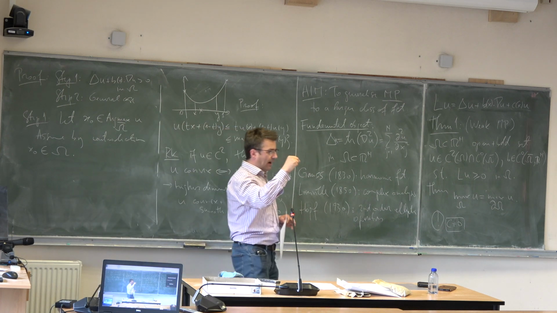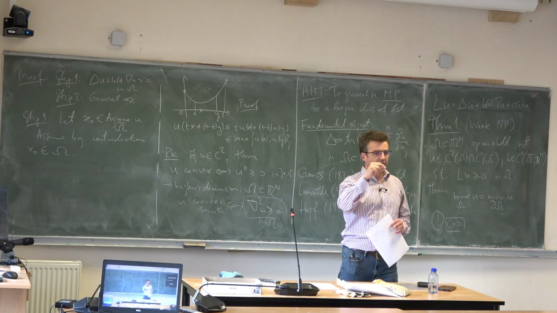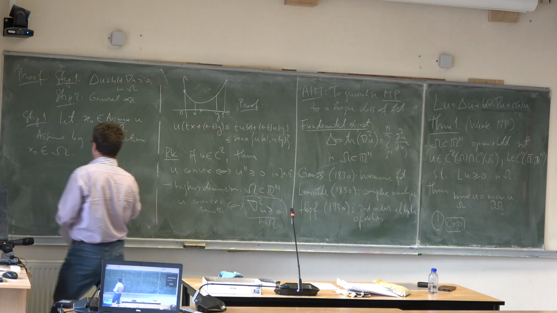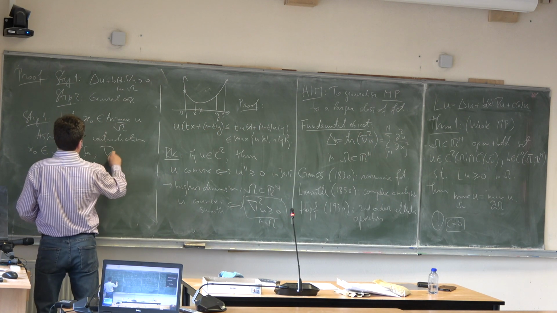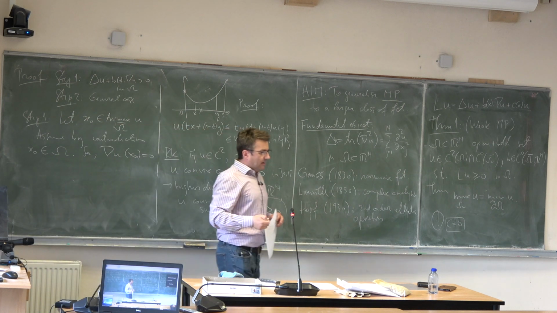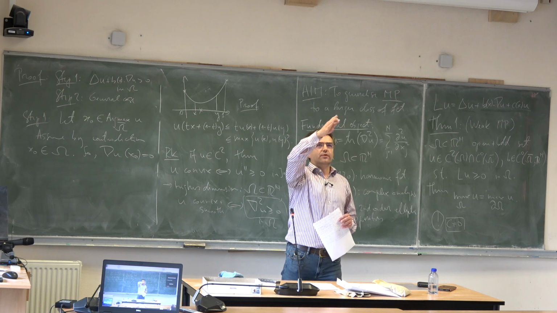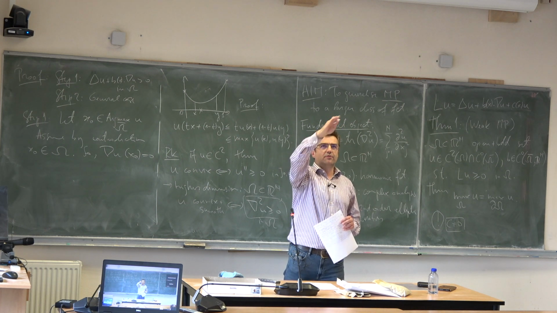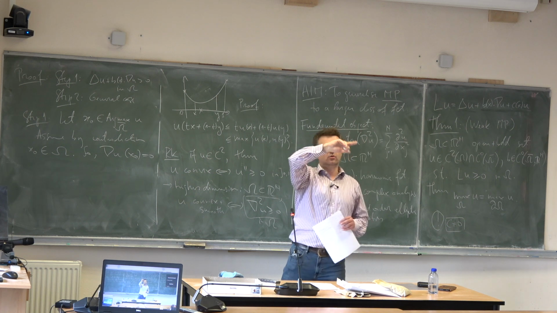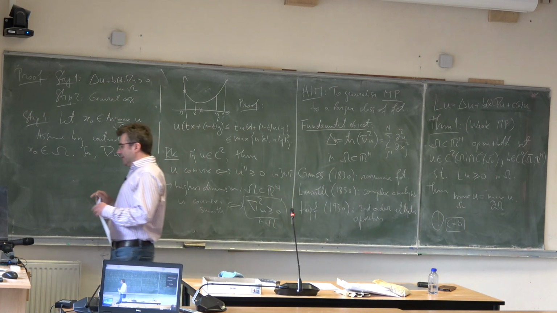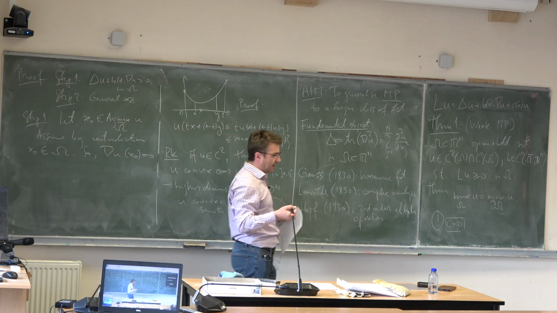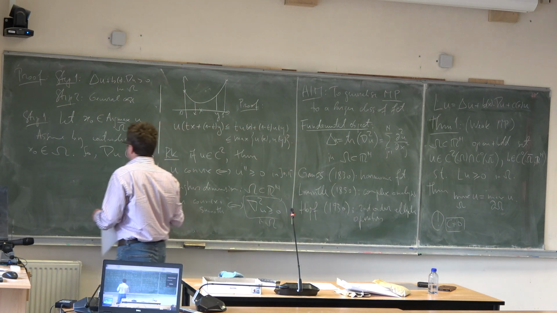So what do you know? What is the gradient at that point? 0, right? A maximum point is a critical point, so the gradient of u at x0 is 0. Now it's a maximum point, so in any direction you go, the eigenvalue should be less than or equal to 0.